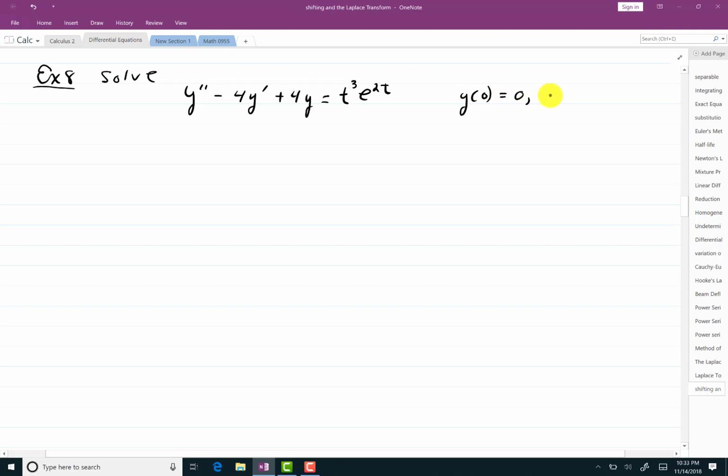Very nice. Alright, as per usual, let's go ahead and take the Laplace transform of each side, and I'll use linearity. So I'll have the Laplace of y double prime minus 4 times the Laplace of y prime plus 4 times the Laplace of y equals the Laplace of t cubed e to the 2t.